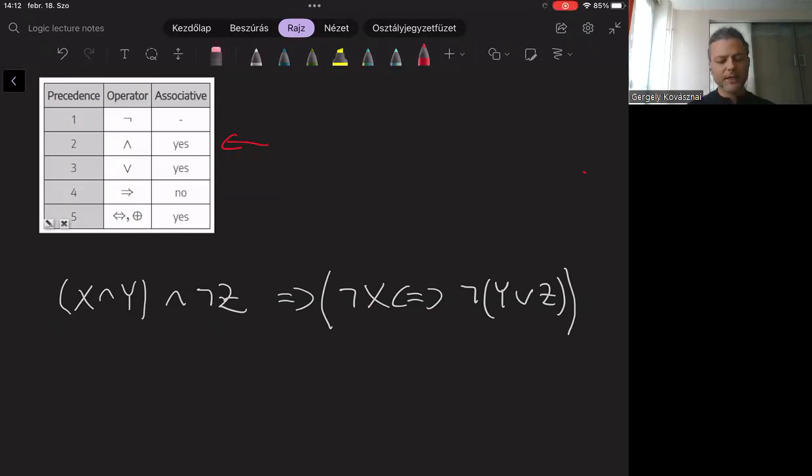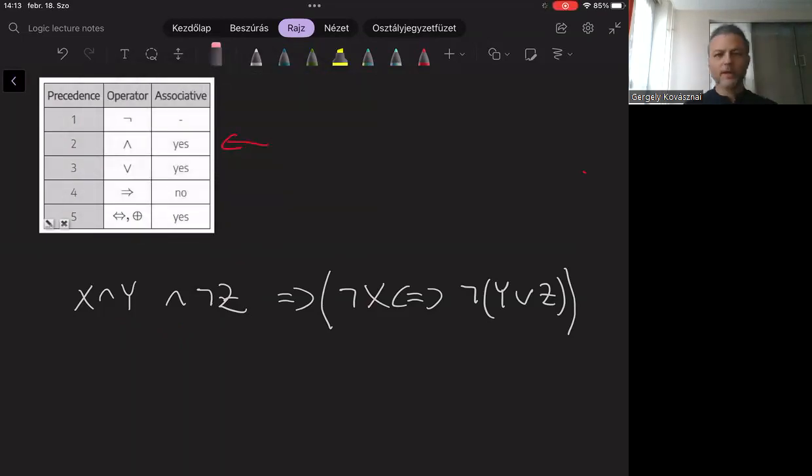It means that if you have two or more conjunctions, and yes, we do, then it doesn't matter in what order you evaluate them, resulting in the fact that you can remove this pair of parentheses. It doesn't matter if you evaluate x and y first, or you evaluate y and not z first, the result will be the same.